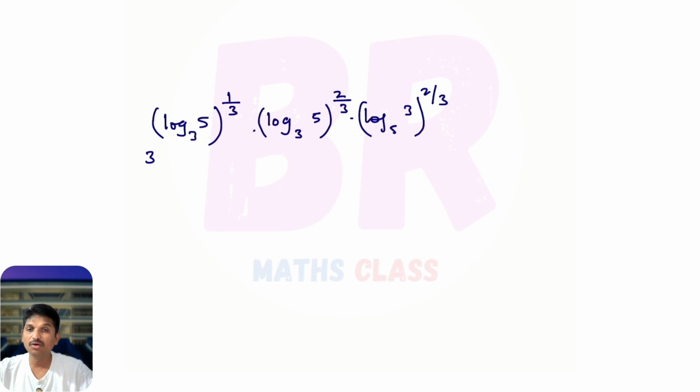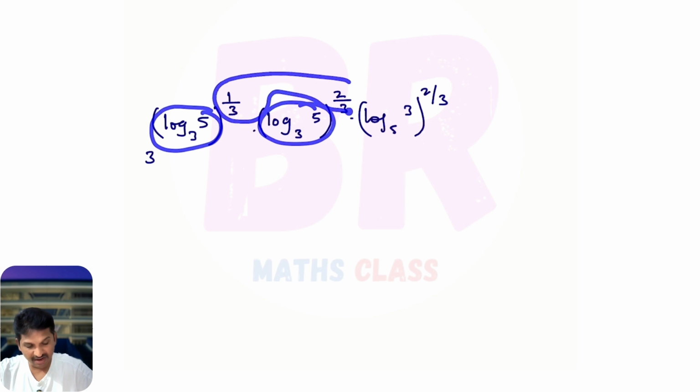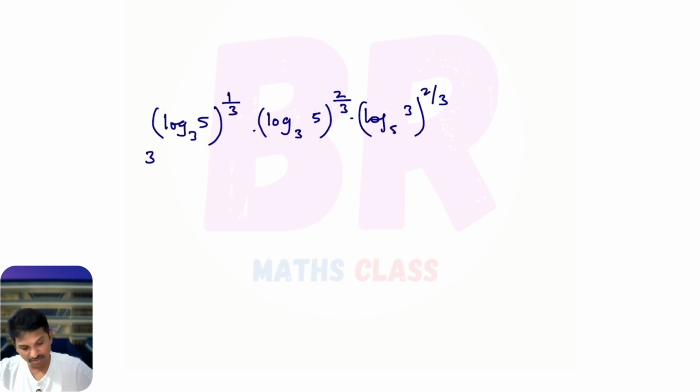Now you multiply these two. As these bases are same, power should be added. Add 1 by 3 plus 2 by 3, is what? 3 by 3, that is 1. So this is nothing but log 5 base 3 into log 3 base 5 whole power 2 by 3.